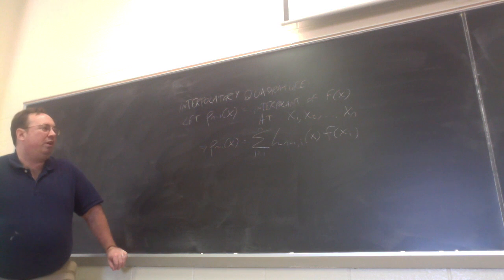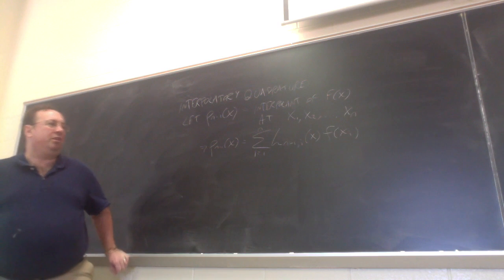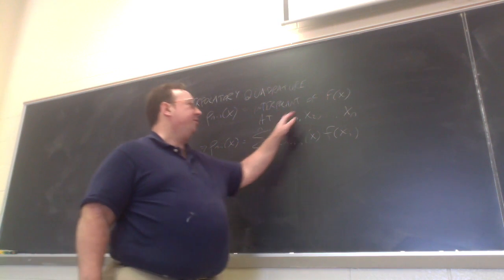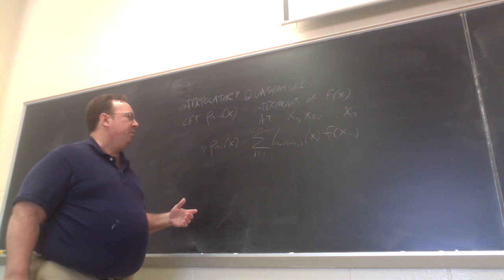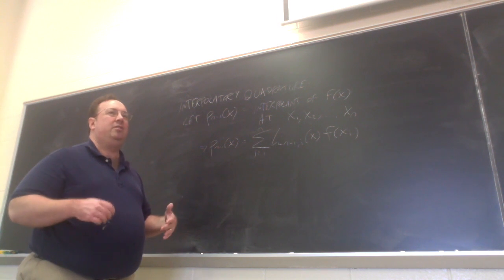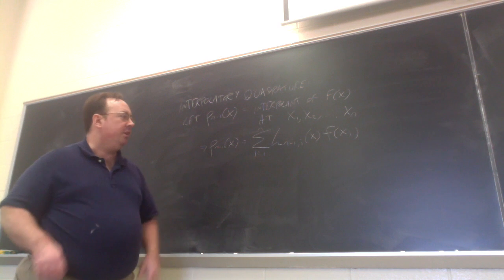Now, one notation thing: when I was covering interpolation, I would number the interpolation points from 0 to n, but it's customary with quadrature to number starting from 1. But it's still the same idea, that we have n points, and our interpolant has degree n minus 1.